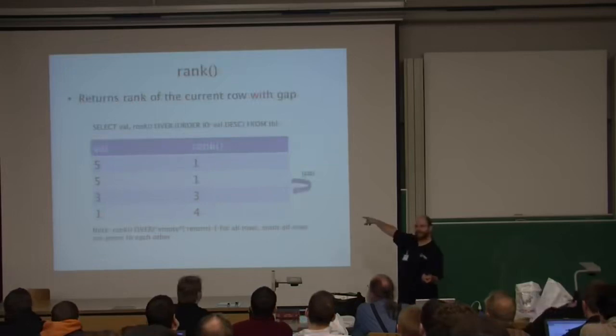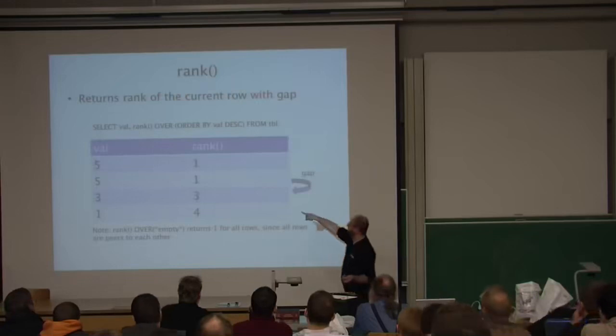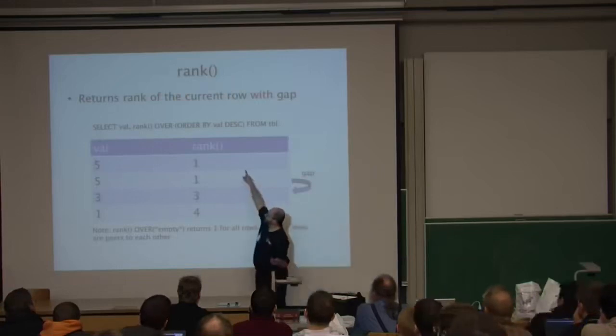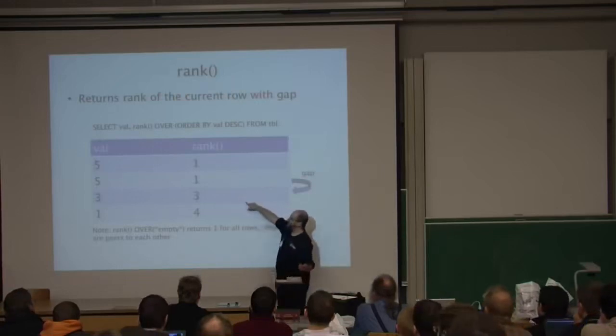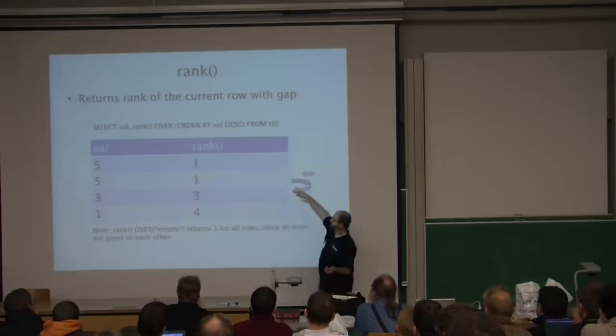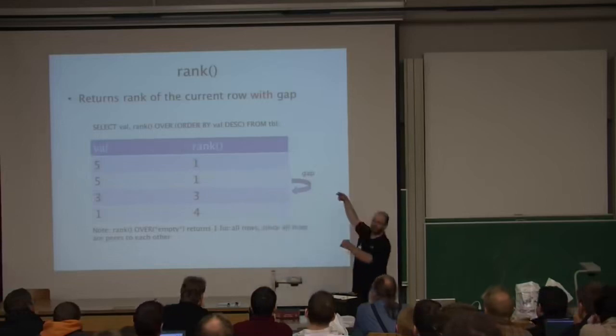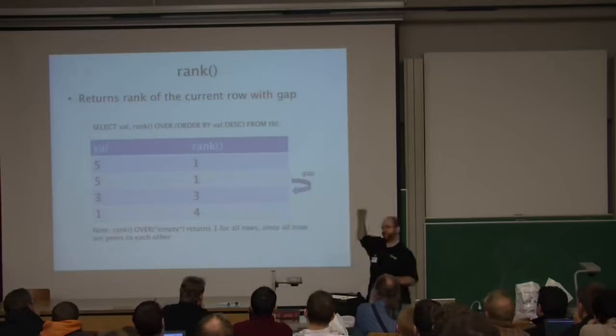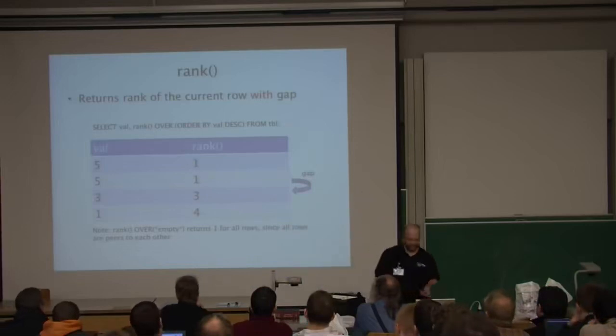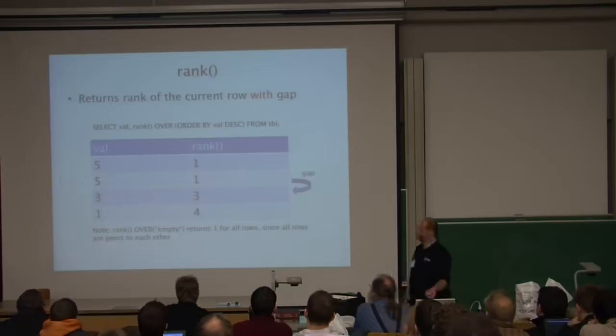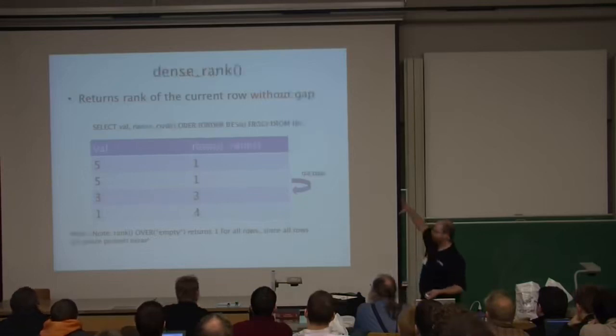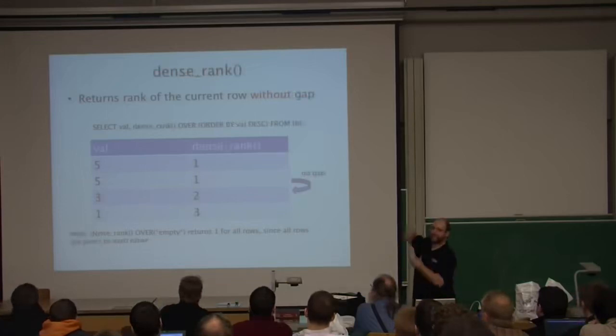So I guess maybe I was mistaken about being mistaken here, because we have two here. Yeah, I guess we do. So there can be gaps in between them, and I guess it piles it towards the top instead of the bottom. Dense rank just closes all those gaps in your ranking.